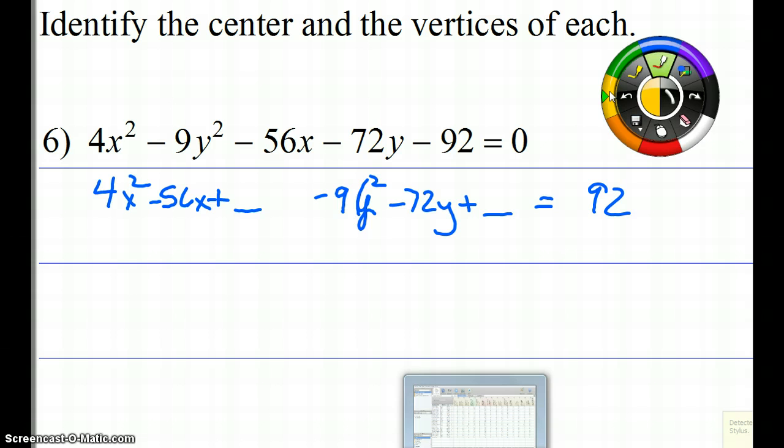Okay. Completing the square only works if we have a 1 coefficient. So 4 goes into 56 exactly 14 times. Factor out the negative 9. Negative 9 goes into negative 72 a positive 8 times.